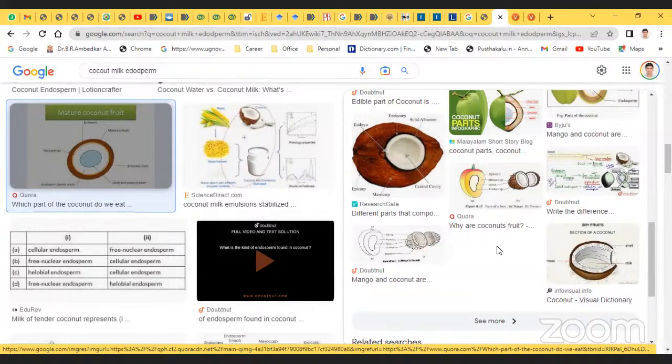What is the role of pollen grains generally? It is distributed, transferred from one plant to another plant, for the fertilization purpose.